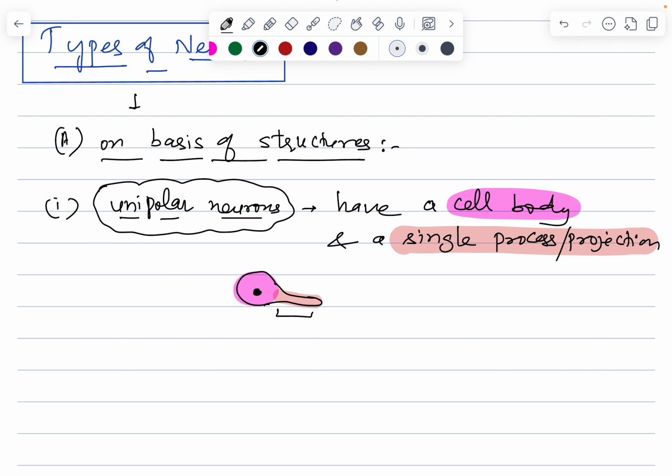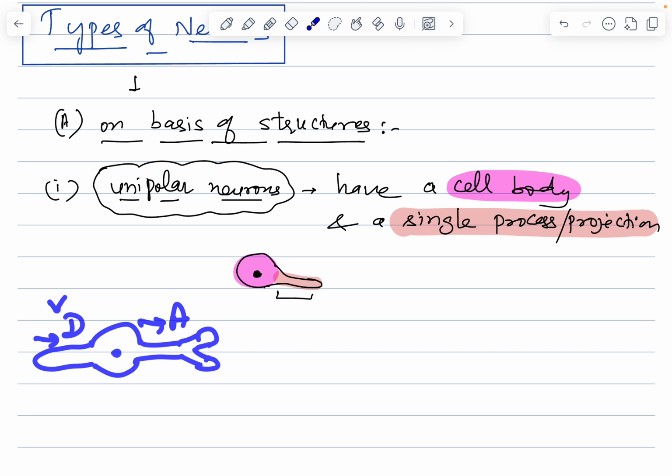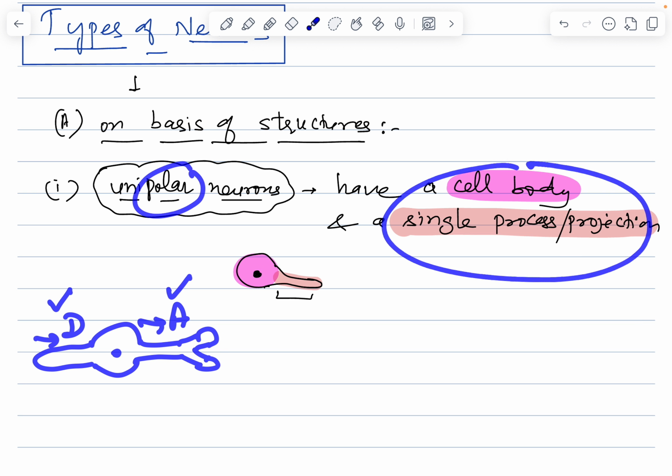So what do you think this is going to act as? A dendron or an axon? The reality is none of them, because for a neuron to actually become functional, it must have at least one cell body, one process that can collect the information, and another process that can actually transmit the information forward. So minimum of 2 processes or projections will be required for a neuron to become functional.